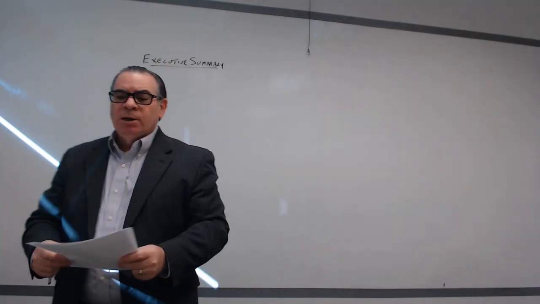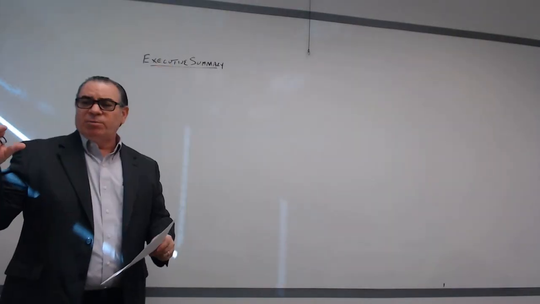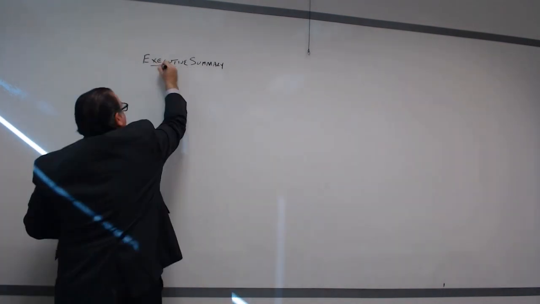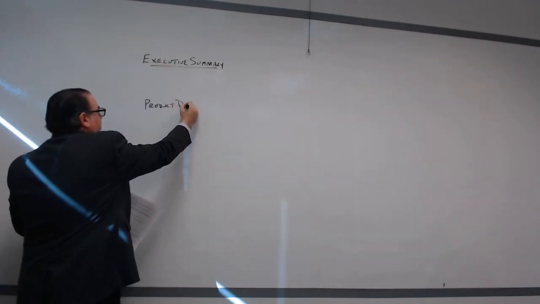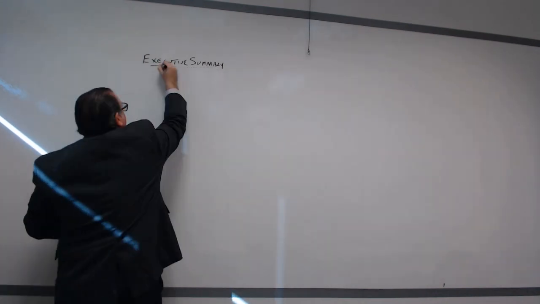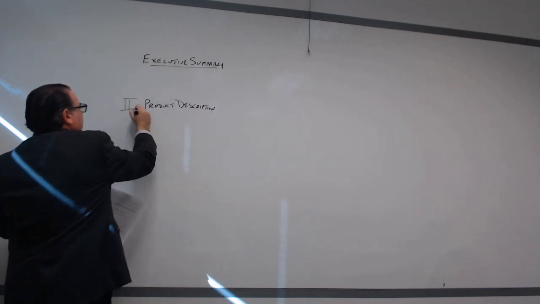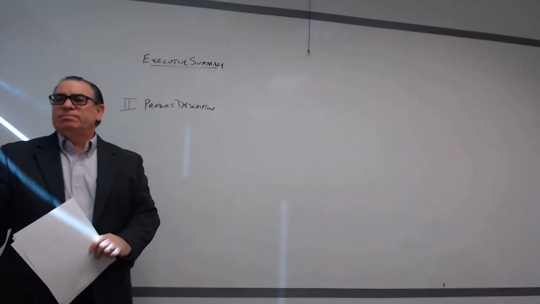Okay, so we're going to go through the most important parts of the plan. One would be your product description over here. So let's call that part 2 for now, section 2, your product description.